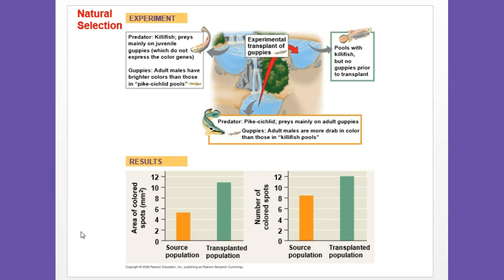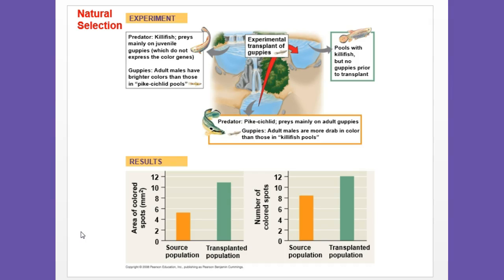So because the pool that they pulled the guppies from had killifish that preyed on juvenile guppies, if they transplanted adult males that were brightly colored into the pool with the killifish, there were more brightly colored males able to survive because the killifish preys on juveniles versus the ones that were in the pike pool that preys mainly on adult guppies, and their guppies were mainly drab in color versus those that were put in the killifish pools.